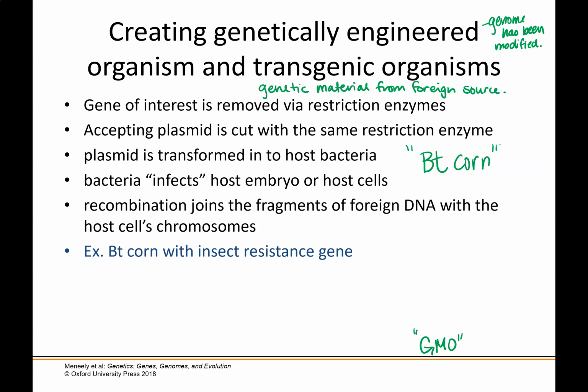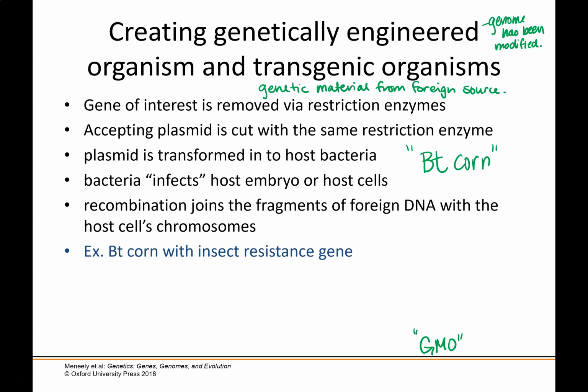Bt corn is a type of corn that has been engineered in order to produce these little crystals within the kernels that actually deter pests. So basically, this is pest resistant corn.